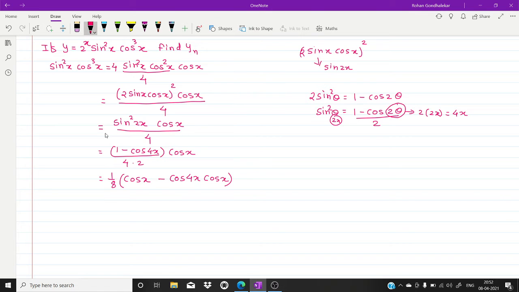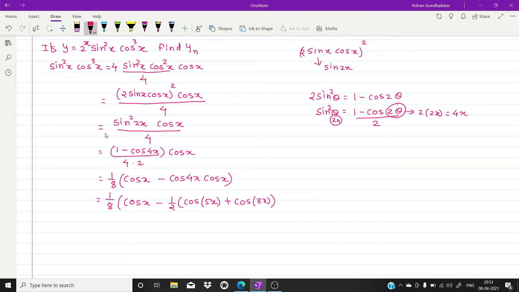Again, there is a question mark with this product. We have already discussed it in the previous example. So we get 1 by 8 into (cos x minus 1 by 2 into (cos of 4x plus x, that gives me cos 5x, plus cos of 4x minus x, that gives me cos 3x)).